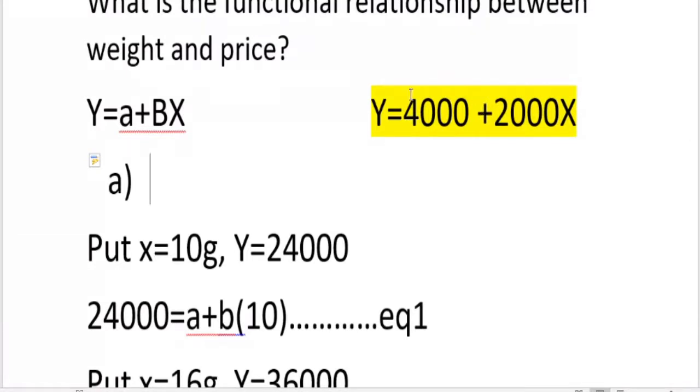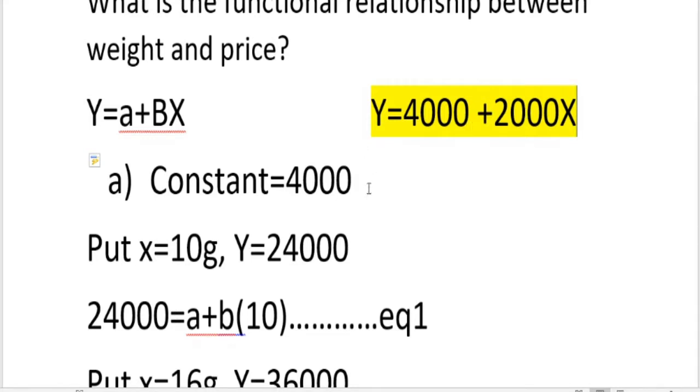The first is this constant, the value 4000. That means even in case x equal to 0, y will have a constant value of 4000. So the price will always be there for 4000. I have taken an example, 4000 is there.